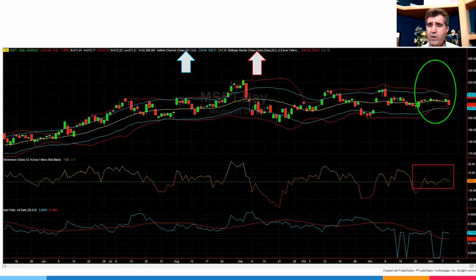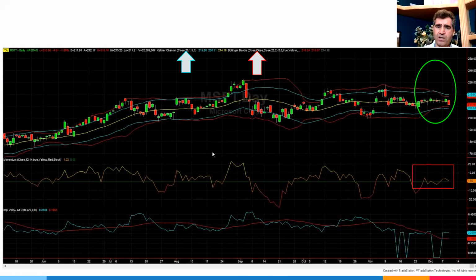So right now we know there is that quiet time. Because of that, we can predict something is going to happen in the future with all that energy coiling, but we don't know which direction. In order to find out the direction, you use the momentum oscillator.